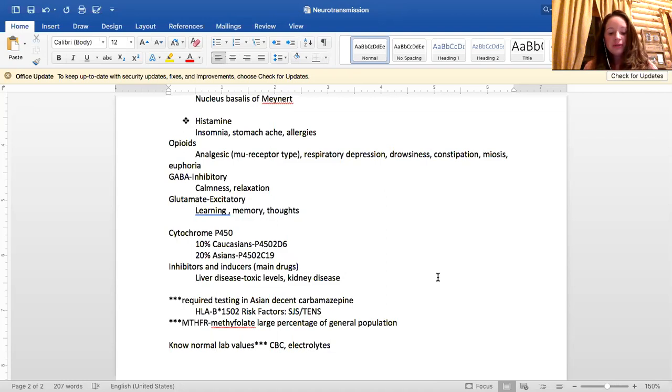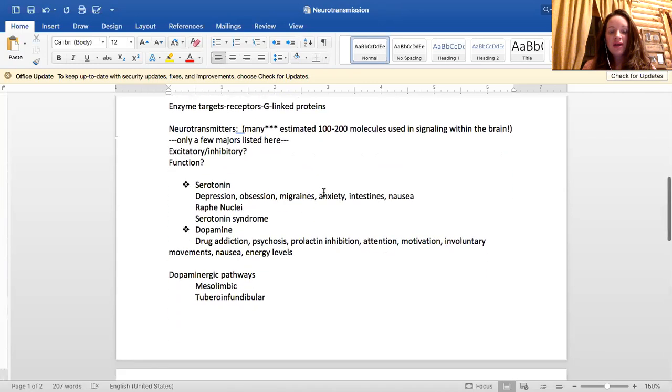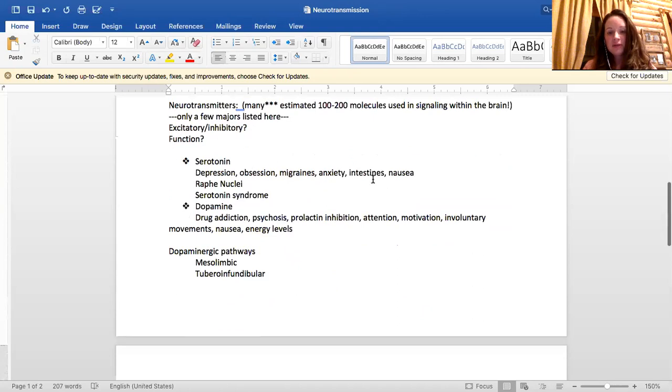If you didn't do this in undergraduate, then you'll actually put the key information in the middle, and then you're going to have branches coming out from that with little bubbles. So for instance, you may choose a neurotransmitter, serotonin, and then the first little bubble from that is going to be any symptoms associated with any issues with serotonin.